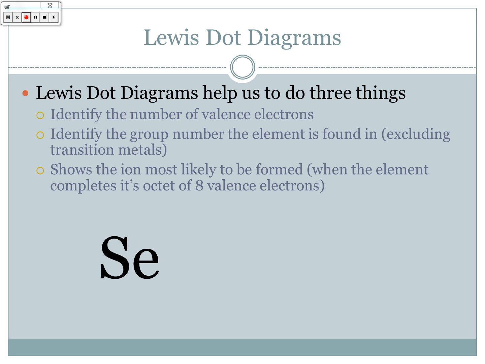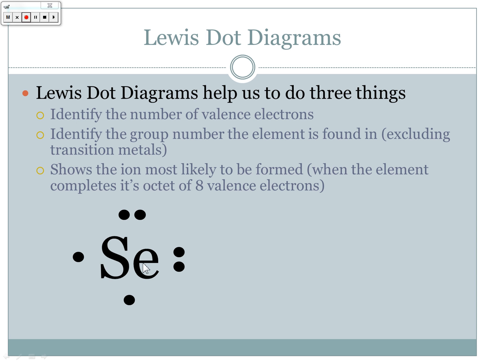So let's take a look at selenium. Selenium, we know, has 6 valence electrons. And so we start filling it in right here on the right, and then we go counterclockwise. So with 6 valence electrons, we go 1, 2, 3, 4, 5, 6. Now when I talk about the ion most likely to be formed, in order to reach its octet, selenium would only need to gain 2 more electrons to get to a total of 8.